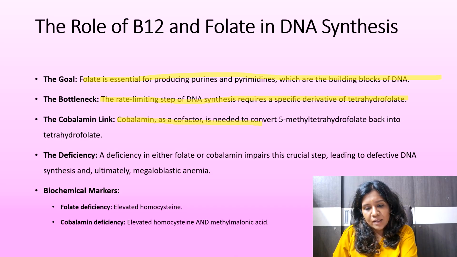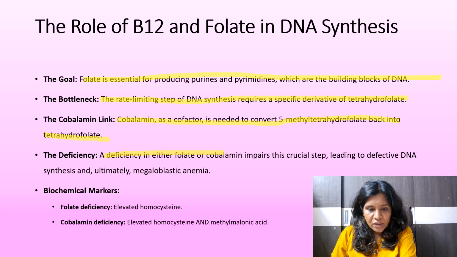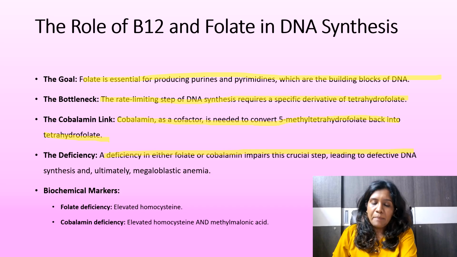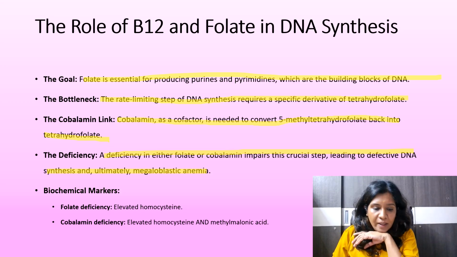Cobalamin is a cofactor that is needed to convert 5-methyltetrahydrofolate back into tetrahydrofolate. And the deficiency of either folate or cobalamin impairs the crucial step of DNA synthesis and ultimately results in megaloblastic anemia. So what are the biochemical markers? Like I already said, in folate deficiency there is only an elevated homocysteine because the first step is impaired, while in cobalamin deficiency there is an elevated homocysteine and methylmalonic acid.